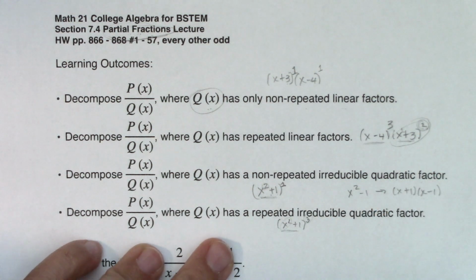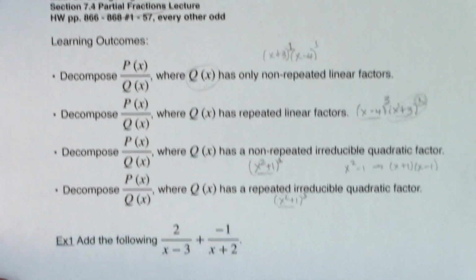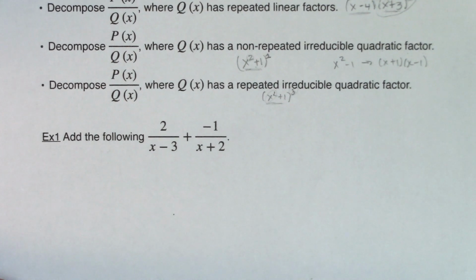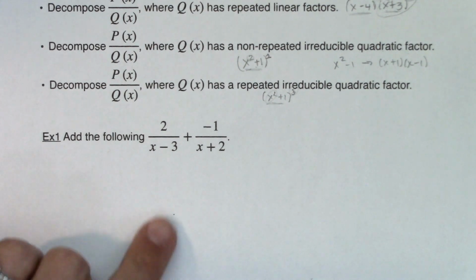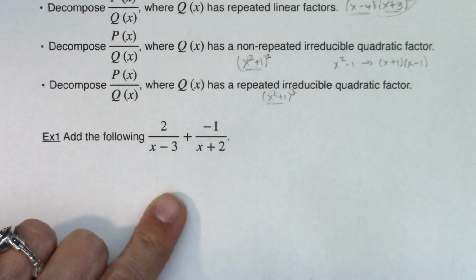All right, so let's just review adding some fractions. I'm going to give you what I would call 2 partial fractions here, and we're going to simplify. We're going to add the following 2 fractions. So let me scooch this up, and then let's review for a bit how we add fractions. Anytime you want to add fractions, you're going to need an LCD.